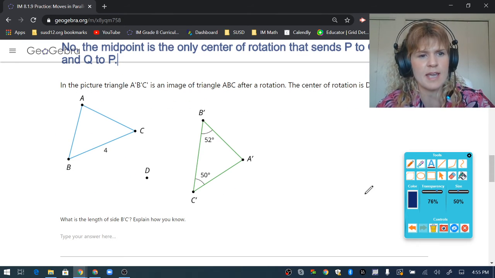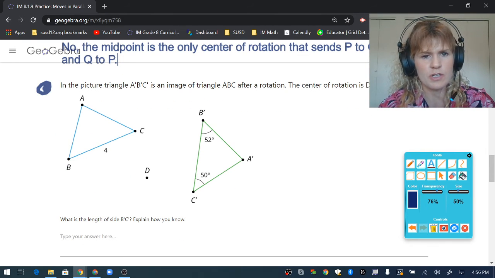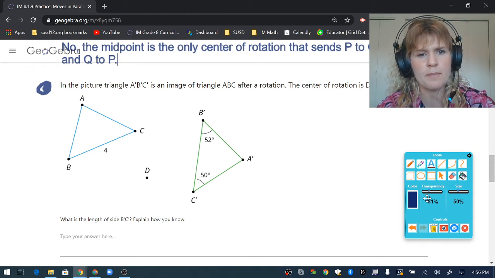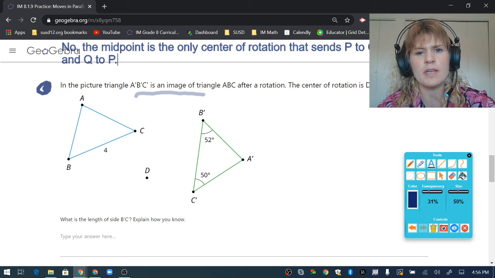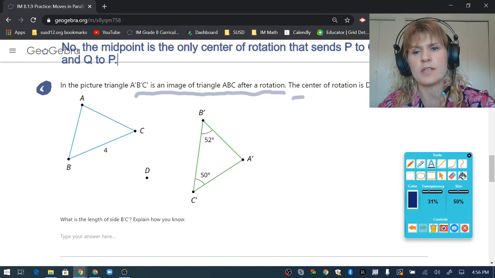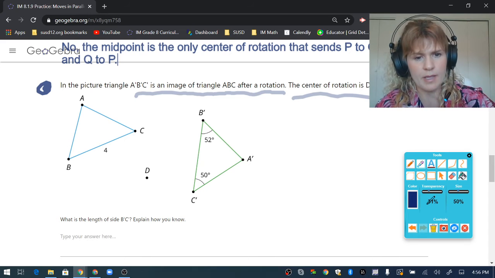The instruction says, in the picture, triangle A prime, B prime, C prime is an image of triangle ABC after a rotation. The center of rotation is D. Here is A prime, B prime, C prime.